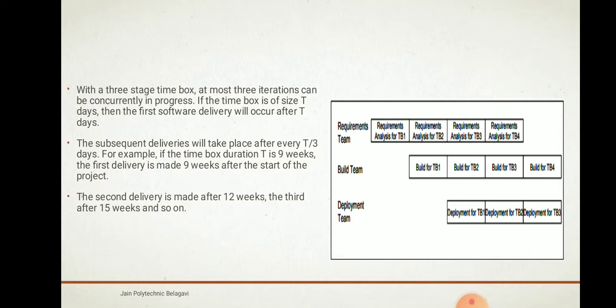The second delivery will be made after 12 weeks. The third delivery will be made after 15 weeks, because the time box duration is 9 weeks, so you have to divide by 3. That is, it takes place after every T by 3 days.